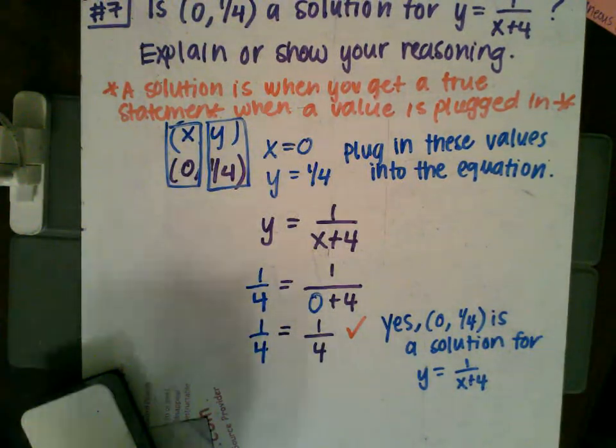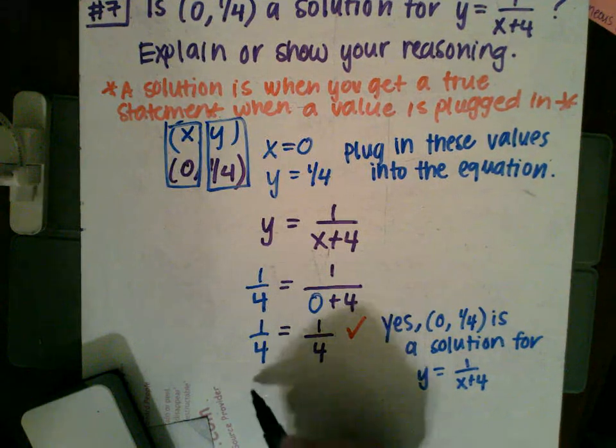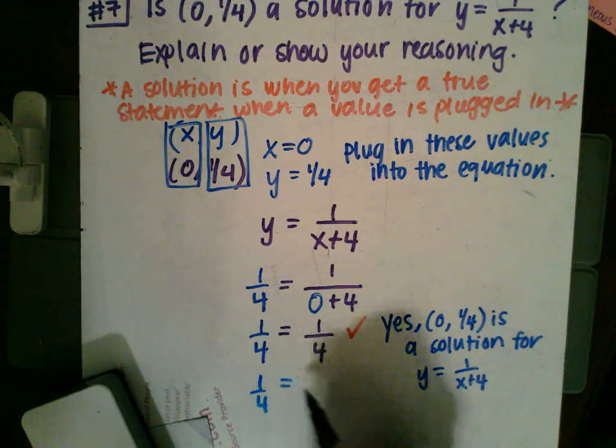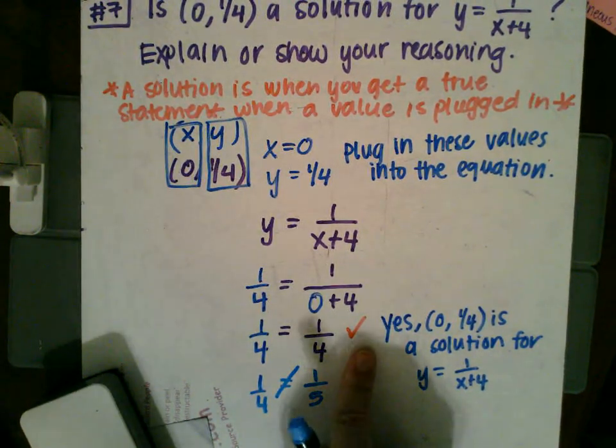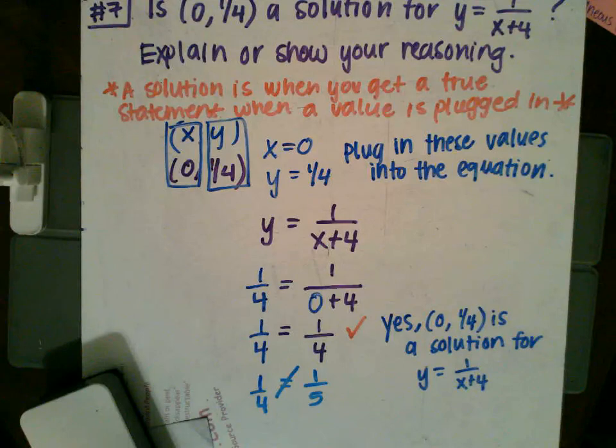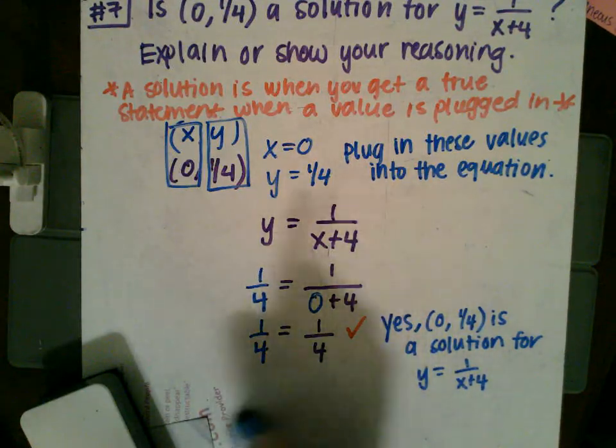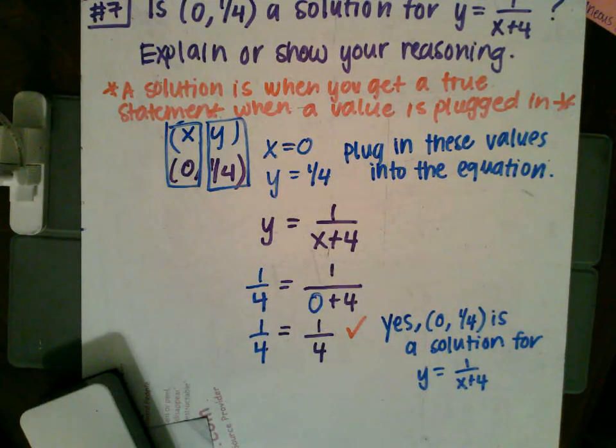So that would be something we would solve for. If I got an untrue statement, such as 1/4 is equal to 1/5, if it was not a true statement, then my answer would be no, it is not a solution. But since it is a true statement, yes, it is a solution.